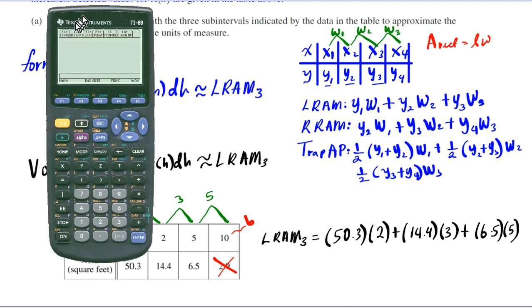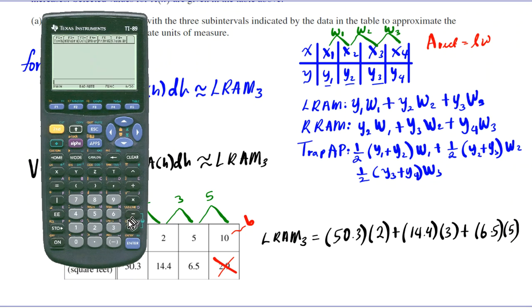Alright, I'm going to be making use of the TI-89 Titanium calculator for this presentation. So let's do it. 50.3 times 2 plus 14.4 times 3 plus the last area, 6.5 times 5.